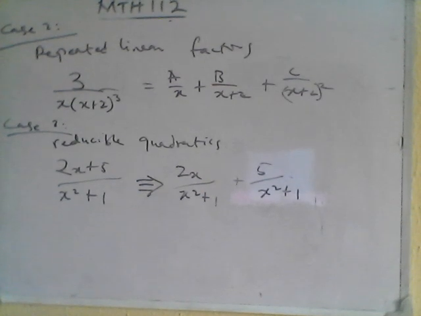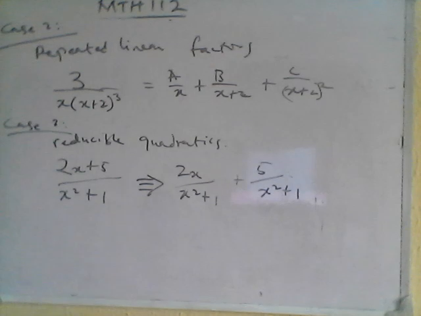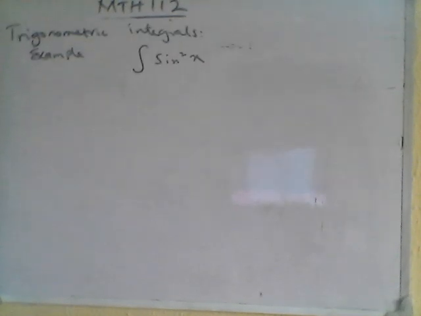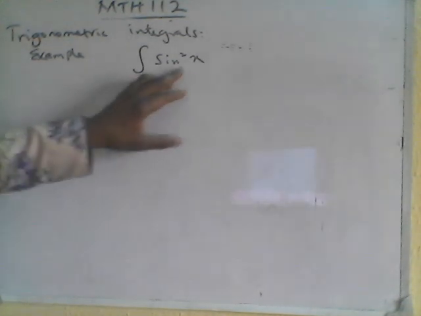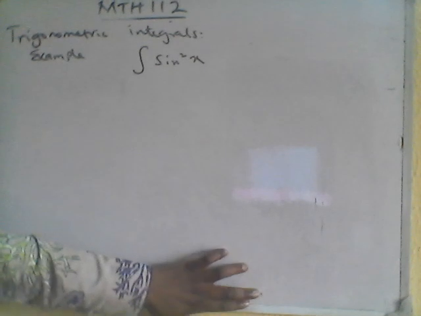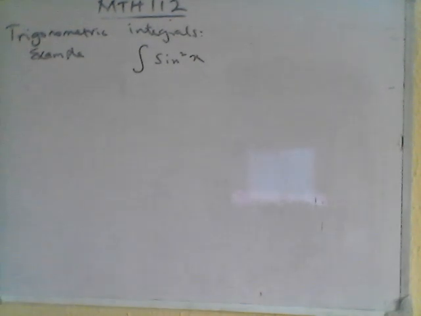So let's just dive into trigonometric integrals, and we'll wrap up this particular video from there. If you have trigonometric integrals, for example, sine squared x, you have your trigonometric identities. In general maths, you need to apply the identities even in integration.